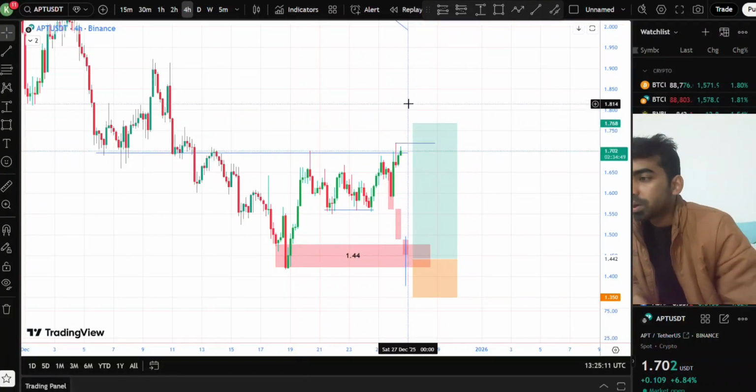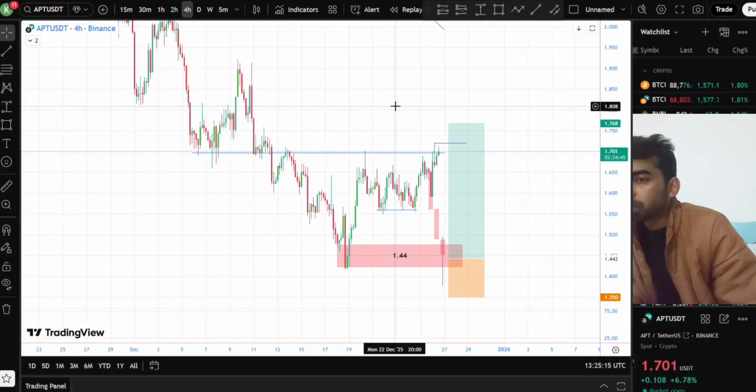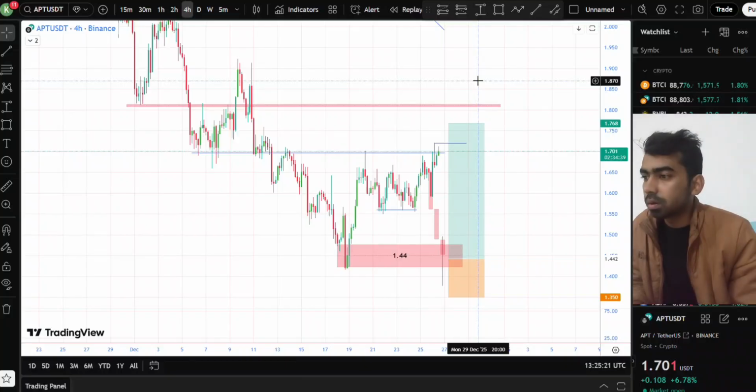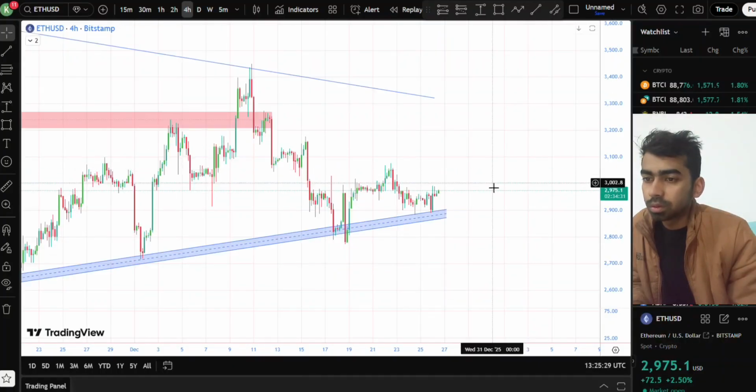I will try to take one short, probably this one. This one is very important, previous support and resistance. Wait for the confirmation, guys.